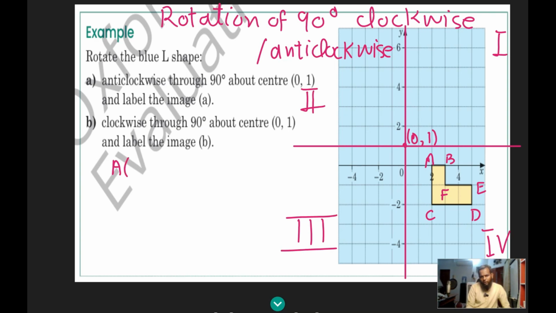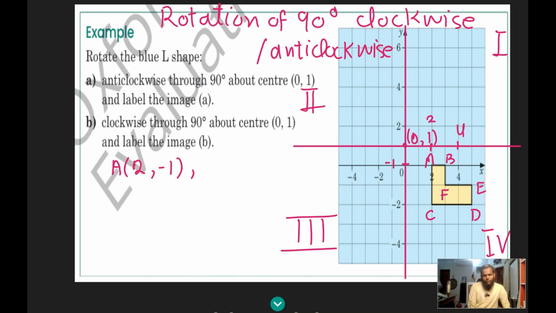You should see according to new x-axis and y-axis, this is -1, this is -1, and this is same 2, and this is 4. Okay, what are the coordinates of A? 2, -1.